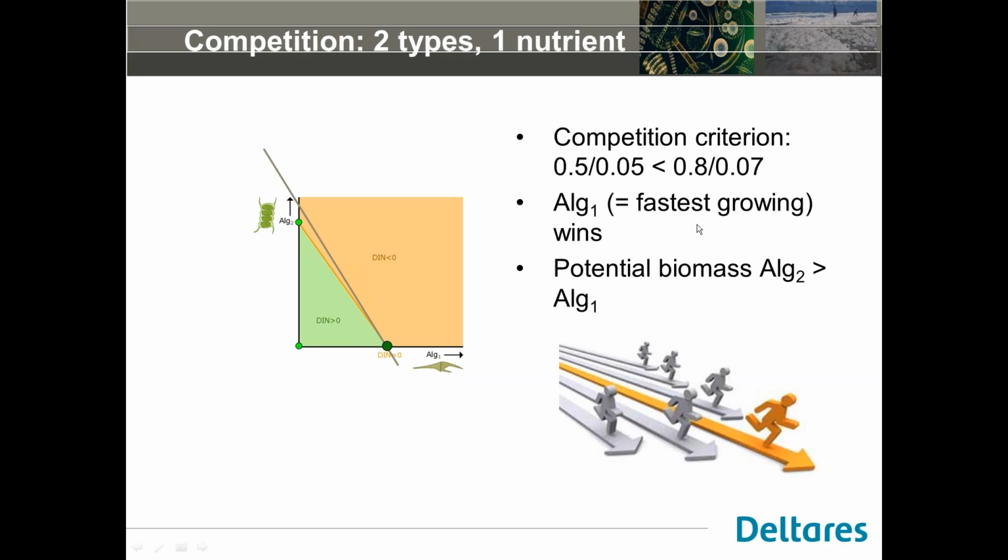So algae 1 wins in this case, as it's the fastest growing, even though the potential biomass of algae 2 is bigger than the potential biomass of algae 1.